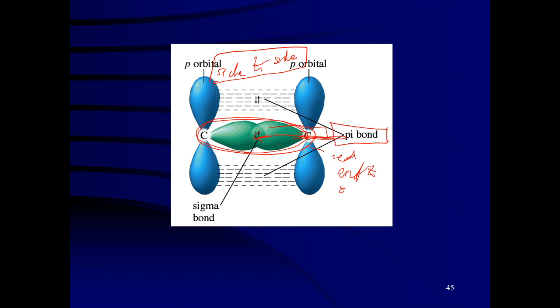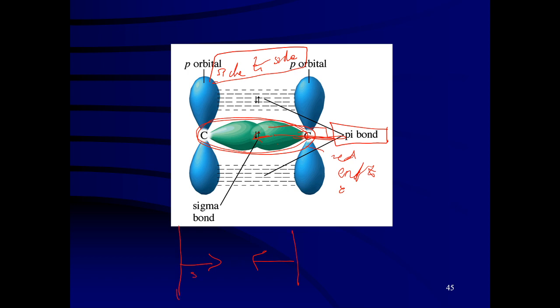One thing you should understand is that a pi bond will never exist in isolation. It only takes place after a sigma bond has been formed. So a sigma bond is head to head. If I was to use simple structures, let's say you have this and this.